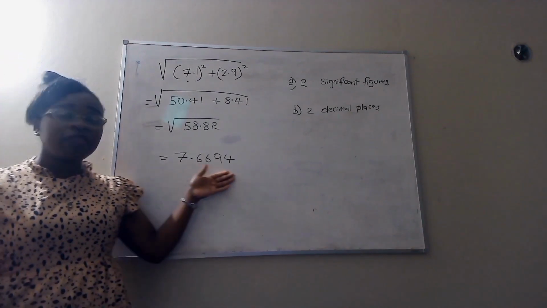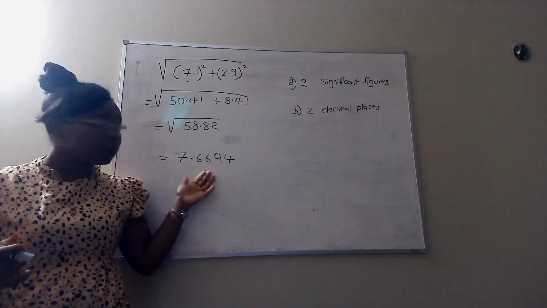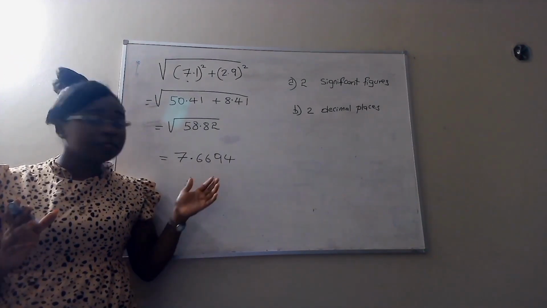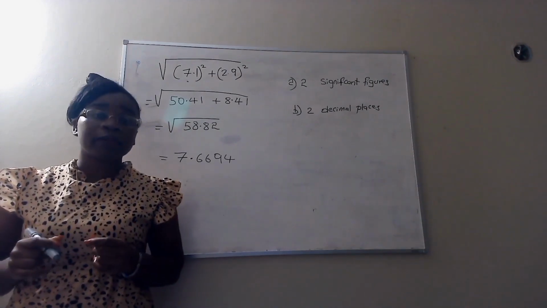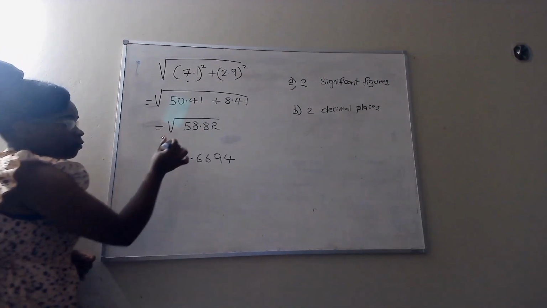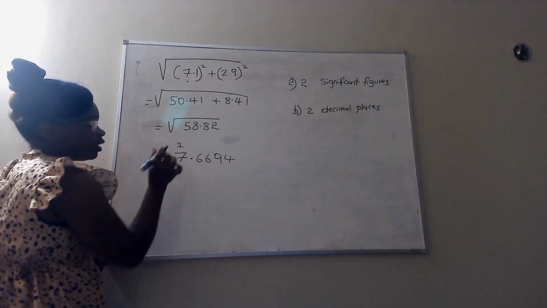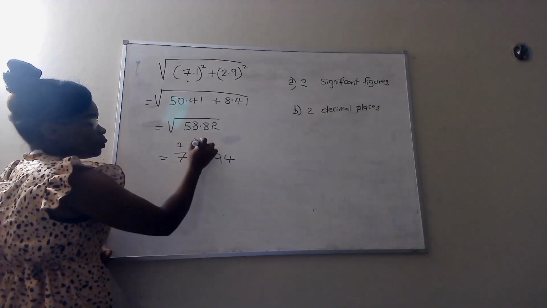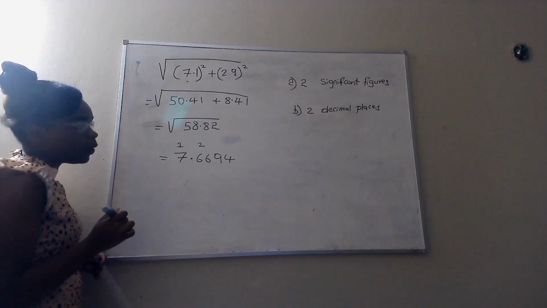So all the digits in this answer are significant figures. However, we only need 2. So 7 would be our first significant figure, and 6 would be our second significant figure.